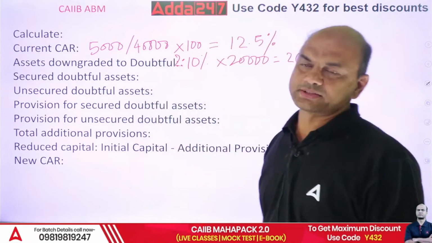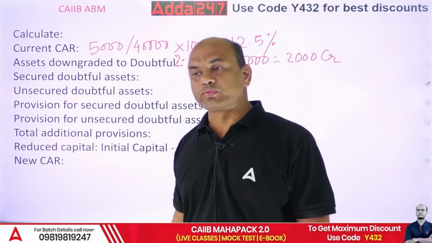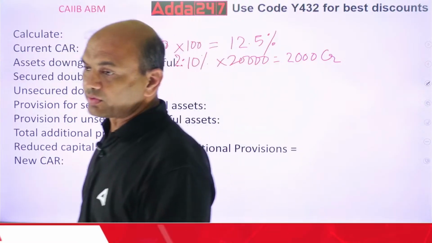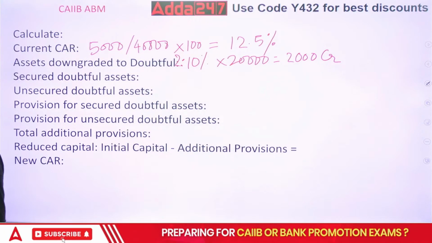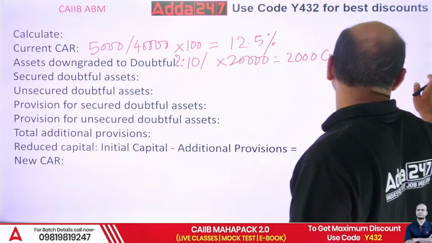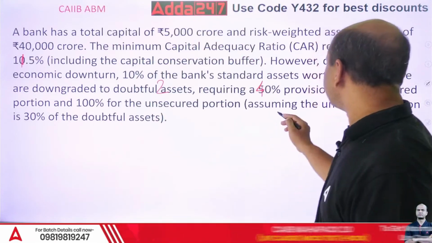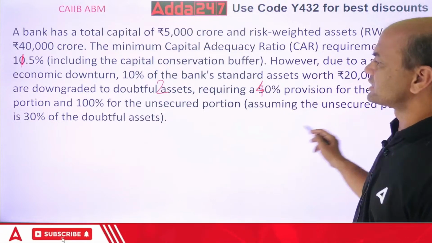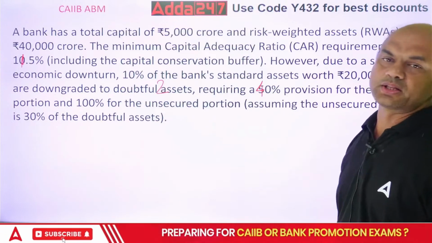Secured doubtful assets. There is one point given in the numerical: assuming the unsecured portion is 30% of the doubtful assets.